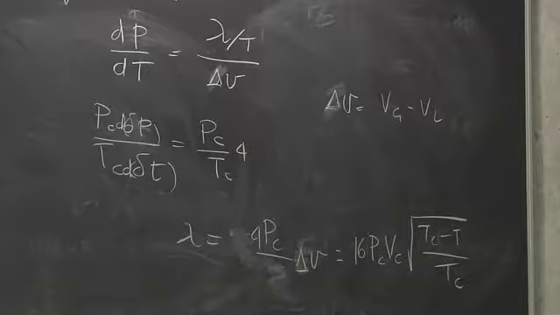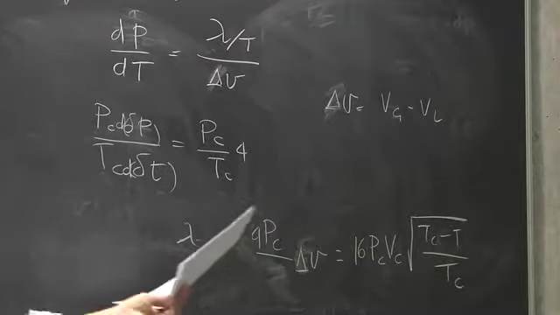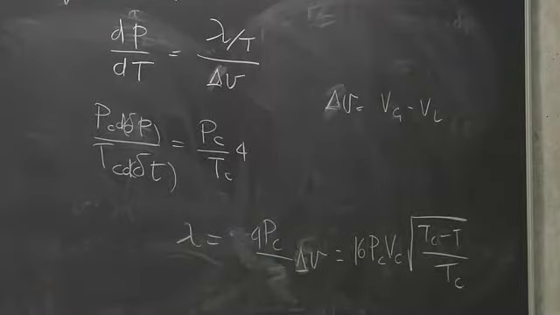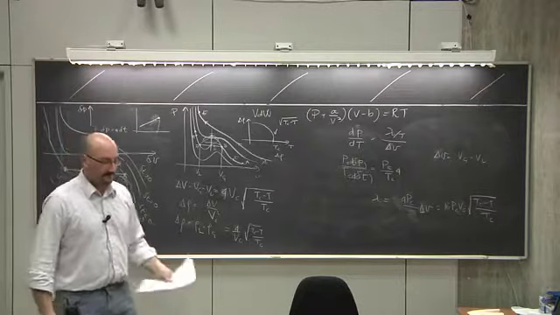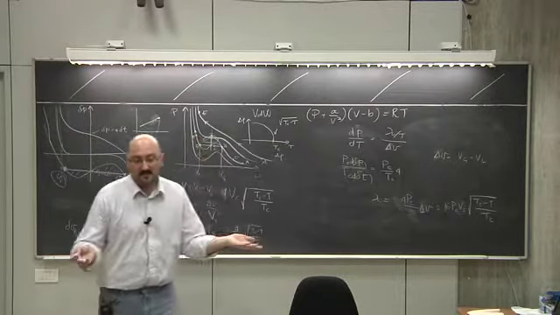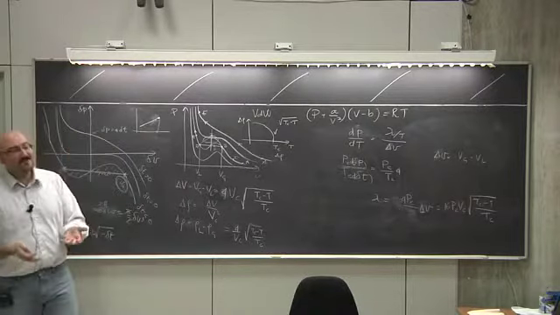So what happens to this equation? This is the vaporization heat, the heat that is necessary to vaporize a mole of substance at this temperature. So what happens when T goes to Tc? It goes to 0. What does it mean that it goes to 0? That you don't need to do any work.